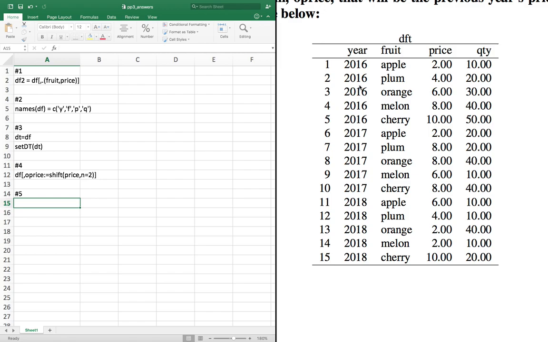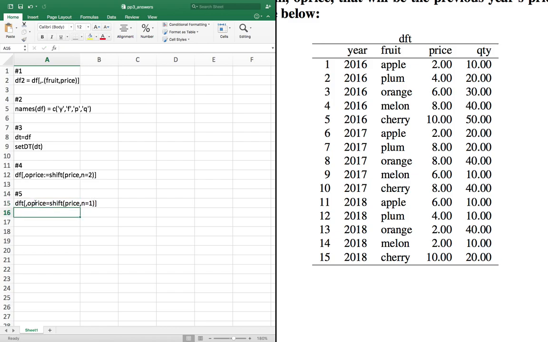Now, we can't simply do this. This table's name is DFT. We can't just do DFT, old price equals shift price, n equals 1. That would be wrong, okay?